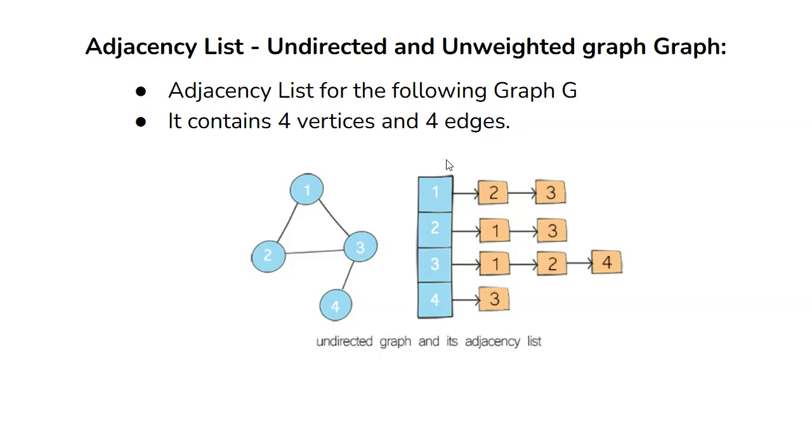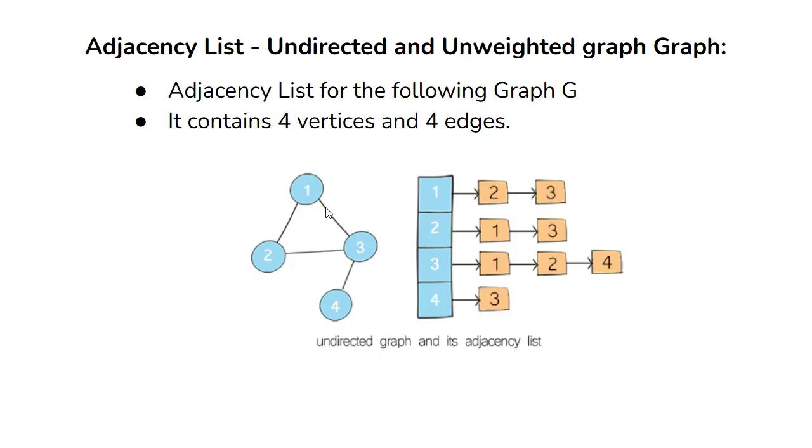And node 1 has its adjacent nodes as 2 and 3, and nodes 2 and 3 also have node 1 as adjacent, and so on, because this is an undirected graph. There is no weight given in this graph, so each and every node has a single part to store the vertex name itself.